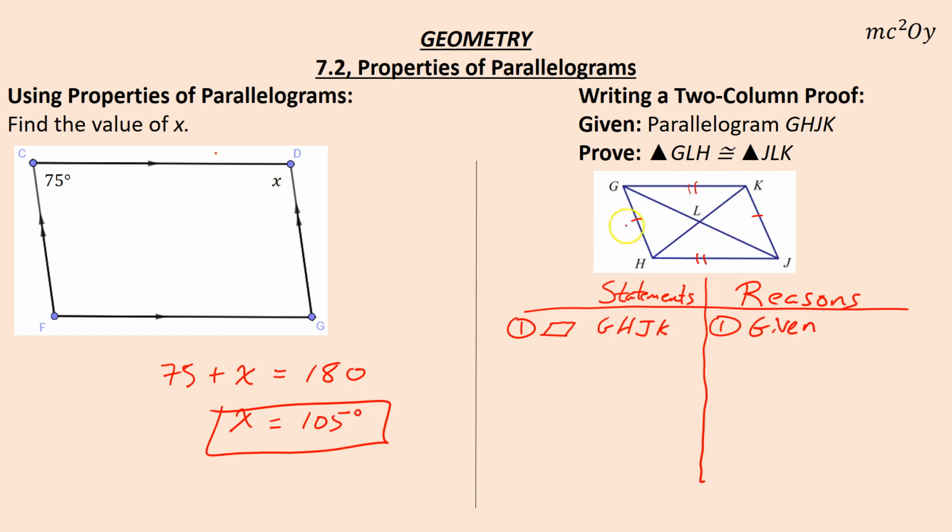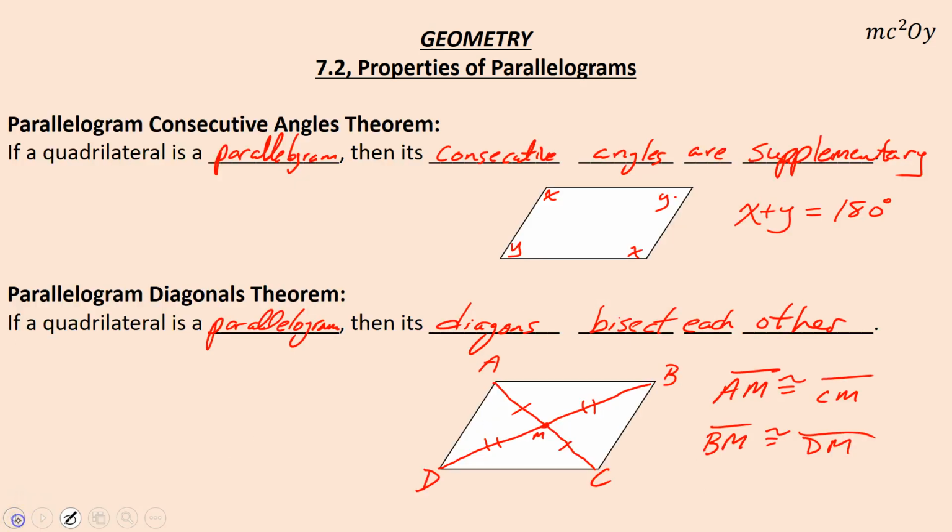Okay, so since I'm dealing with this triangle right in here, and this triangle right in here, those are the ones I'm trying to prove congruent, I might say GH is congruent to JK, no kidding there, because, well, you could use definition, but I'm going to use my actual name of the theorem here.